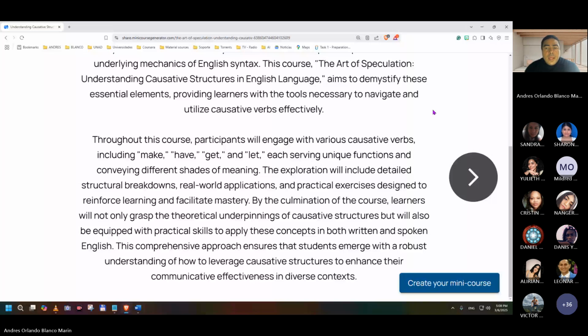Each verb serves a unique function, and when you use them, they convey different shades of meaning. So the structure is very easy, but I'm going to give you examples on how to use them correctly in a communicative situation with real-world applications.